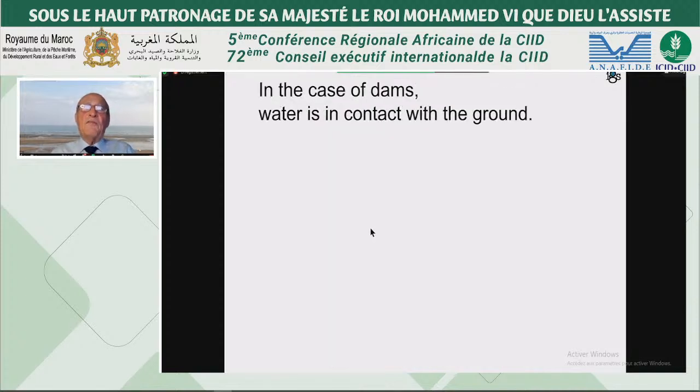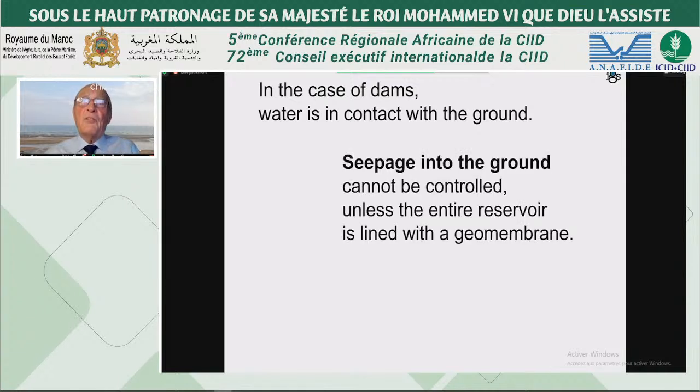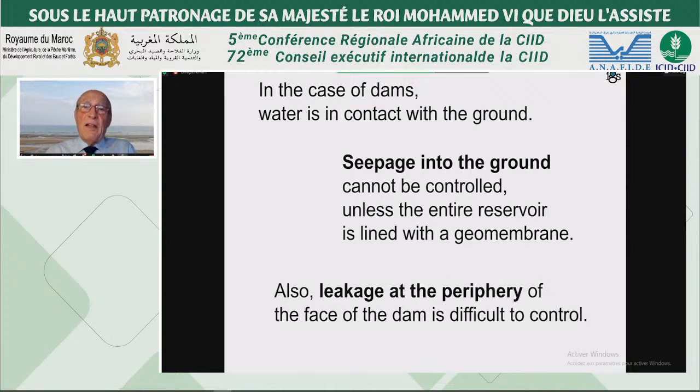In the case of dams, water is in contact with the ground. Seepage into the ground cannot be controlled unless, of course, the reservoir of the dam is lined with a geomembrane. And also, leakage at the periphery of the face of the dam is difficult to control.